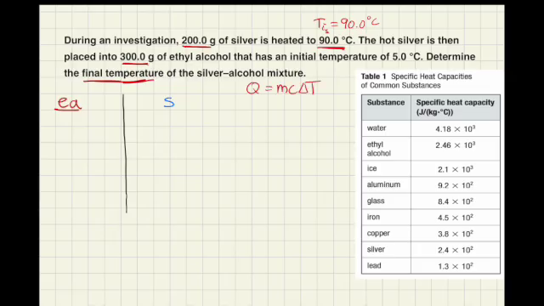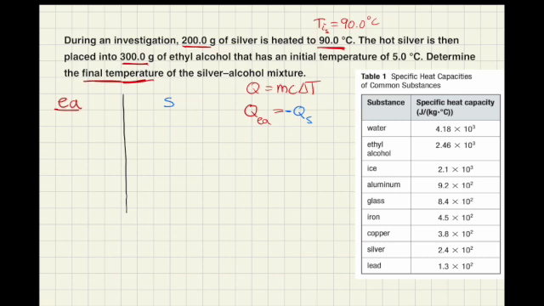We also have to understand that the quantity of heat that is absorbed by the ethyl alcohol is going to equal the negative of the amount of heat released by the silver. So QEA is going to equal negative QS.